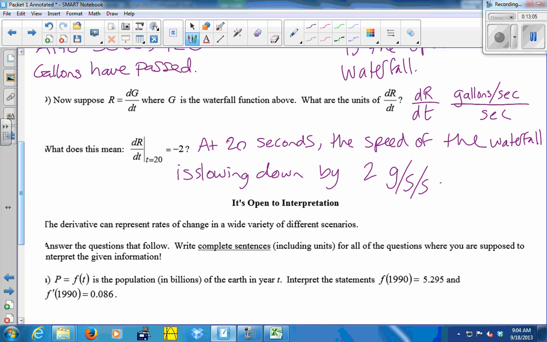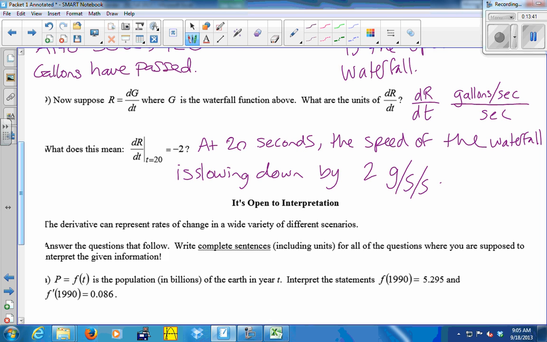Questions? Yeah, sure. So we're calculating the units on the derivative of the derivative. dg dt was the original derivative and it had units gallons per second. Now we have this new function that represents the derivative function, and I want to take its derivative.